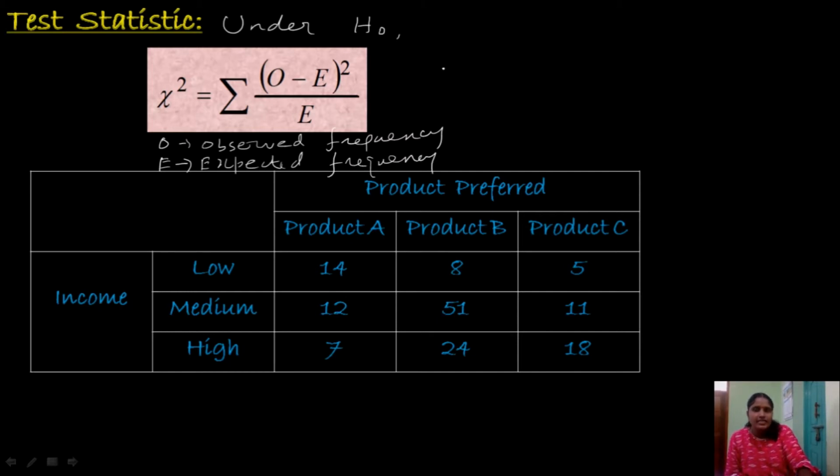And this follows a chi-square distribution with (R minus 1) into (S minus 1) degrees of freedom.